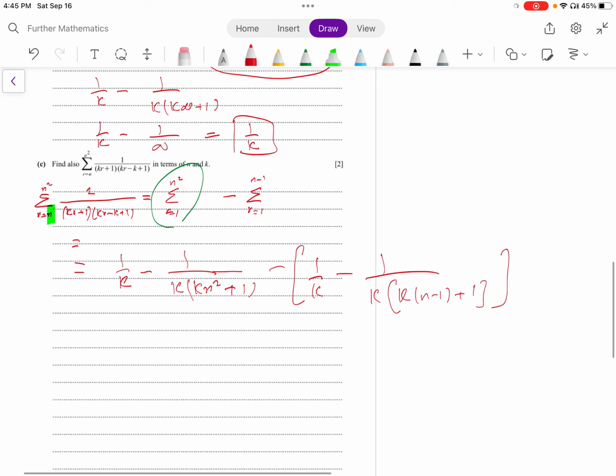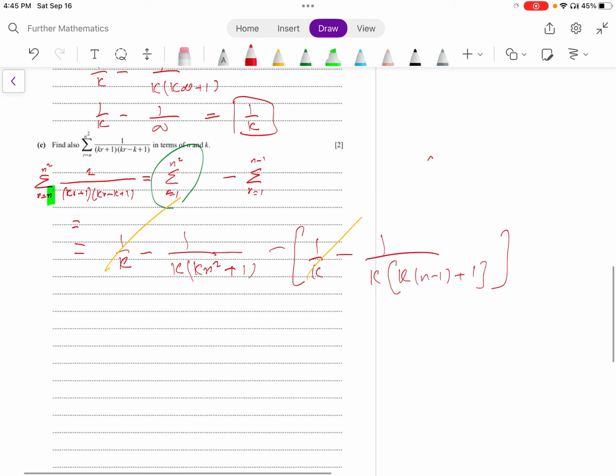If we simplify, after we open the bracket, these two terms will be cancelled, and we'll have this part positive, which is 1 over k times (k(n minus 1) plus 1). This will become positive, so I'm going to write it first. So this is 1 over k times (k(n minus 1) plus 1) minus 1 over k times (k n squared plus 1).